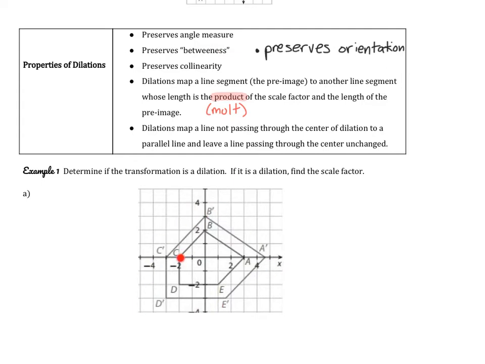So here C is between B and D, C prime is between B prime and D prime, so that applies for the entire image. It does preserve collinearity and the orientation. You can see that all of the letters are in the same relative location. And then we can also test to see if we have that center of dilation, which it looks like we do if we connect these lines. So that means that this is a dilation.